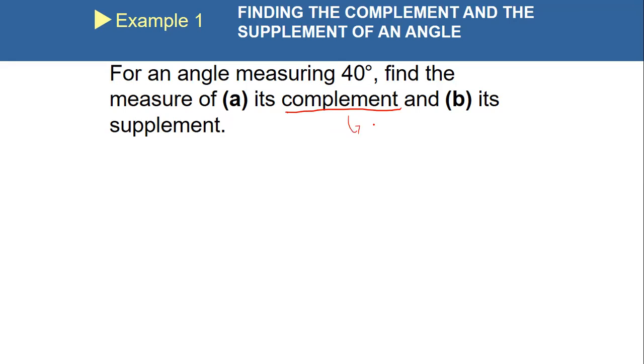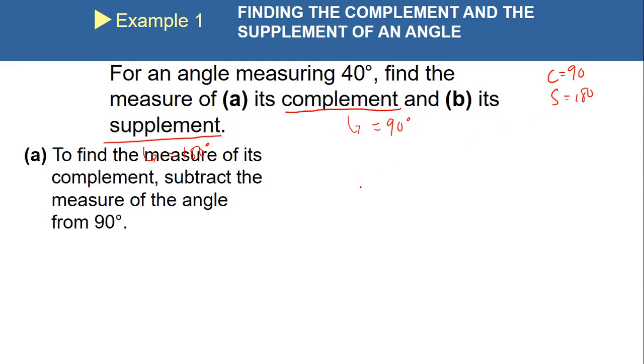Complements are angles that equal 90 degrees. Supplement means that your angles are going to equal 180 degrees. You remember that? Think about it in alphabetical order, so C, S, and then numerical order, 90, 180. So complementary angles are going to equal 90. Supplementary angles are going to equal 180.